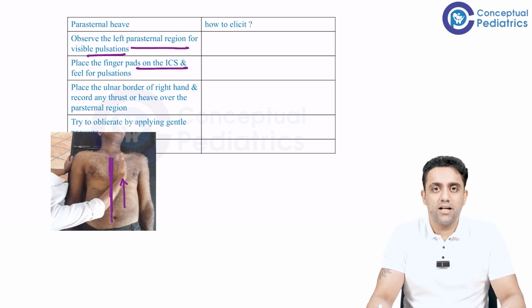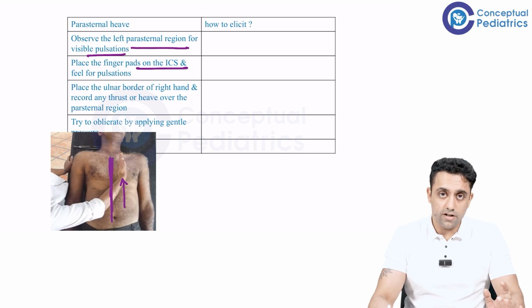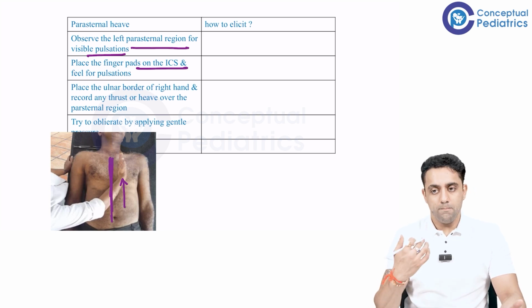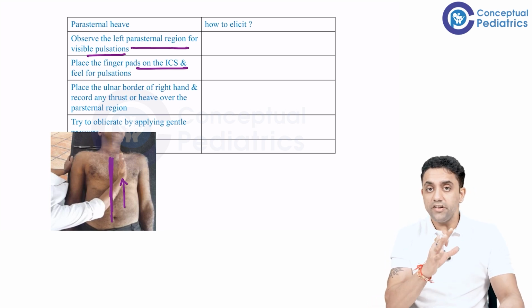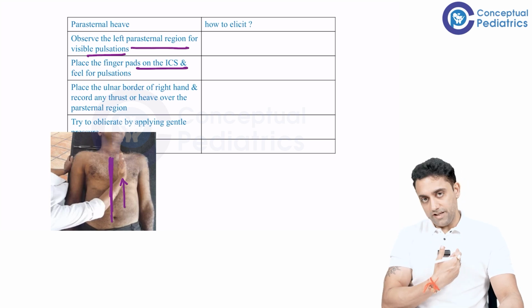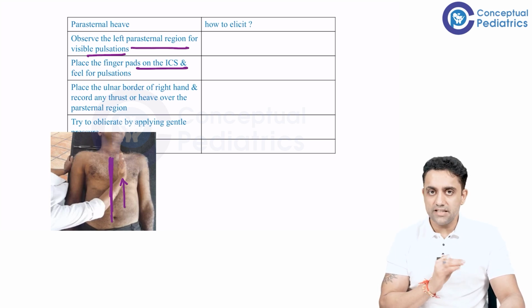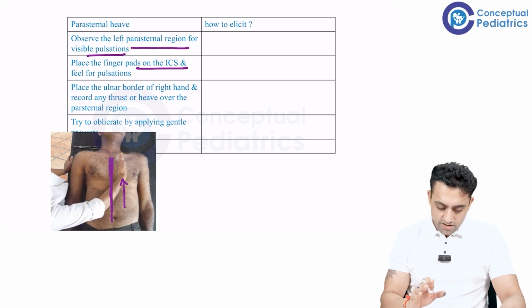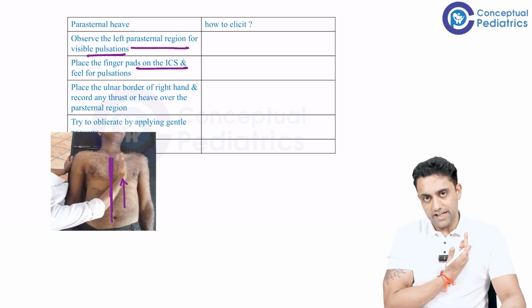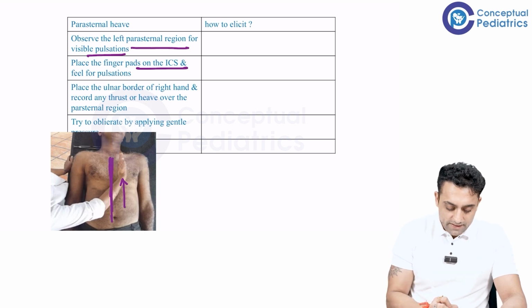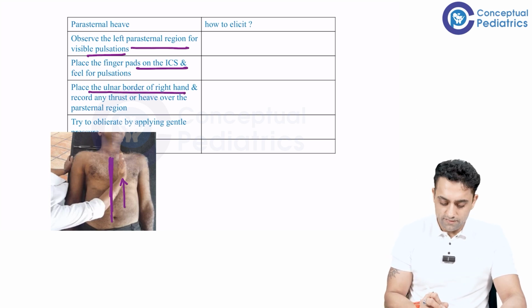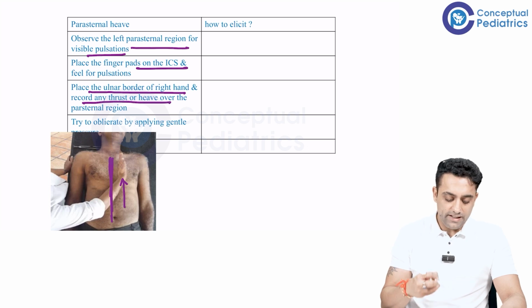In a cardiac examination, the examiner will at least ask you a theoretical question: how do you look for parasternal heave? Number one, at the left parasternal area, first I will look for visible pulsations. If they are not there, I'll place my fingers on the intercostal space like this and feel for pulsations. And then I will place the ulnar border of the right hand and check for any thrust or heave.